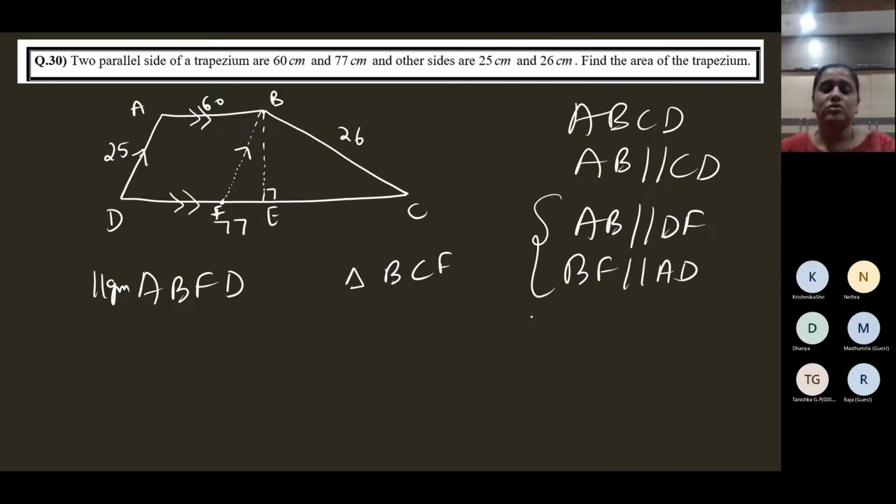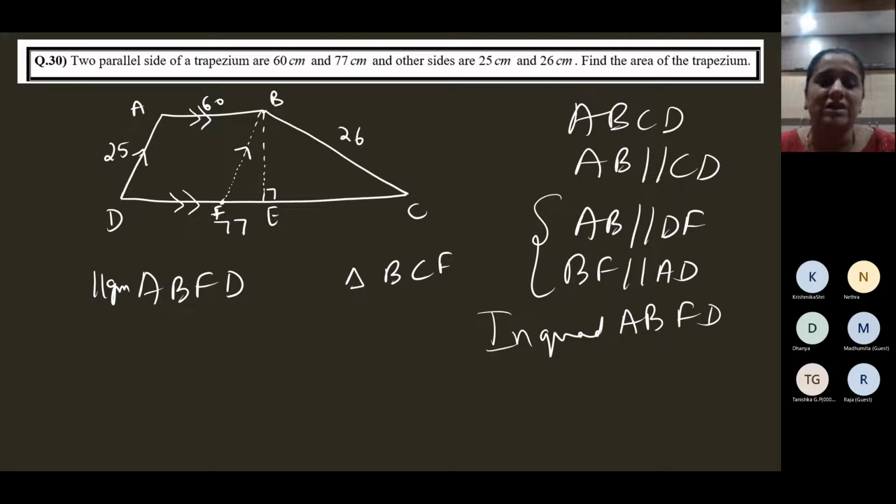So in the quadrilateral ABFD, AB is parallel to DF and BF is parallel to AD by construction. In a quadrilateral, when both pairs of opposite sides are parallel, it is a parallelogram. Therefore, ABFD is a parallelogram and BFC is a triangle. So now we have divided the trapezium into a parallelogram and a triangle.